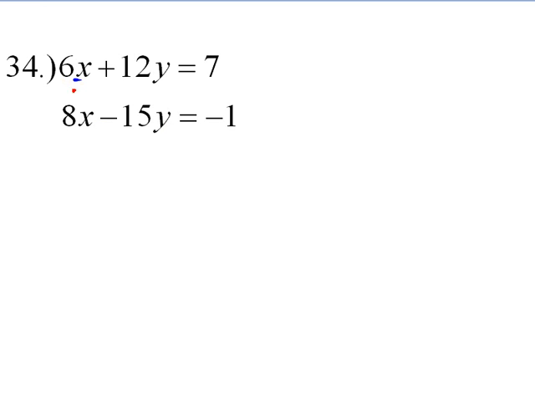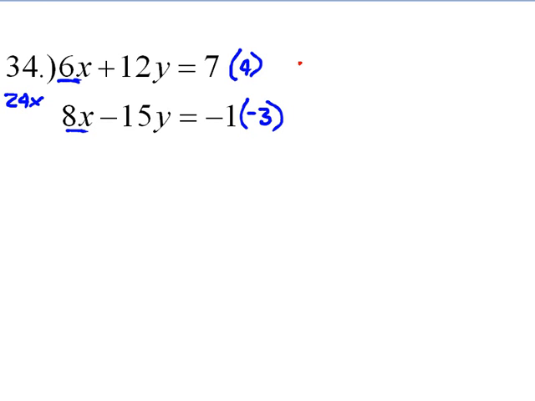Now the common multiple between 6x and 8x is 24x. So we want to get both of these to 24x. We'll multiply the top equation by 4. And we need this to be a negative 24. So we'll multiply the bottom equation by a negative 3.